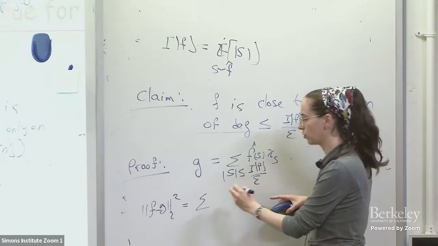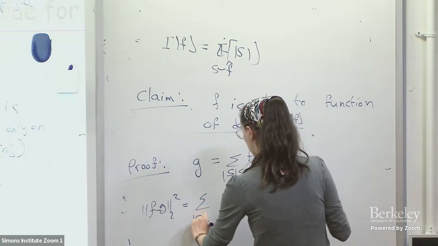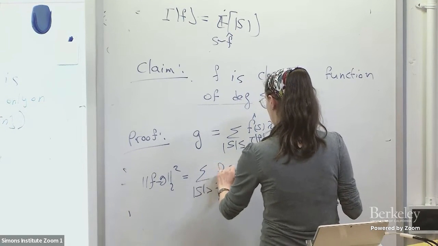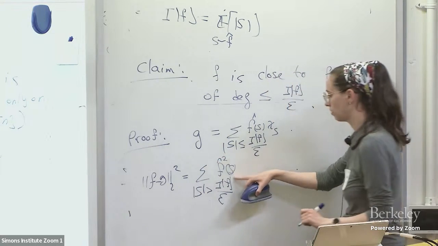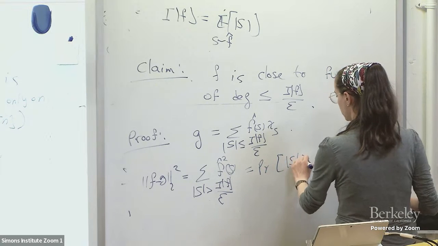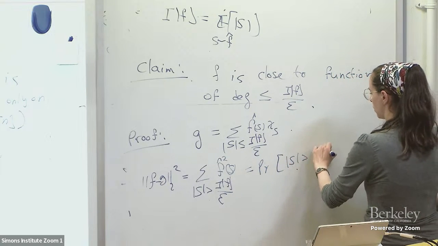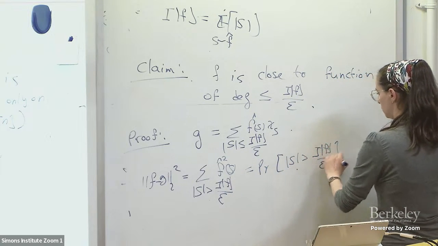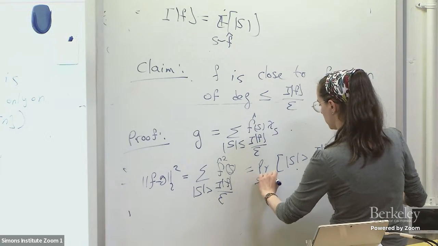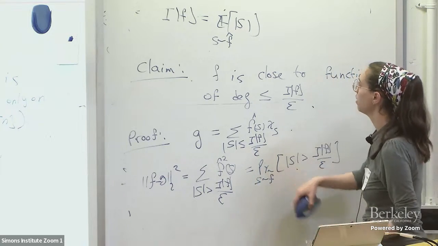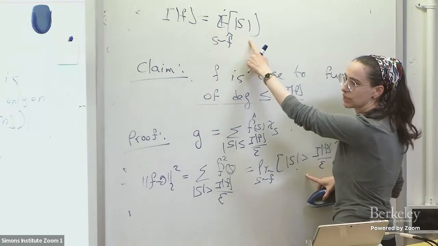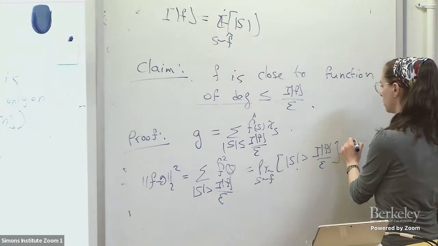I take the Fourier coefficients, so it's all the large Fourier coefficients. The weight on large Fourier coefficients is exactly the probability of the character S to be larger than the total influence over epsilon, under the Fourier distribution of F. The total influence is exactly the expectation of S. We use Markov to say this is at most epsilon.